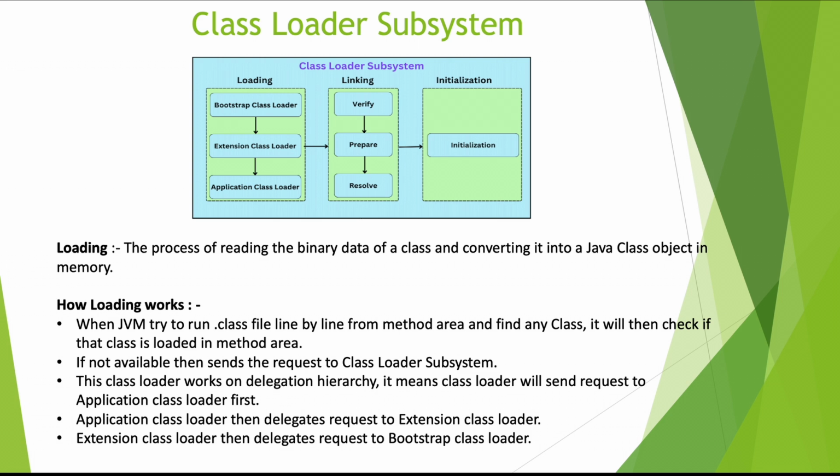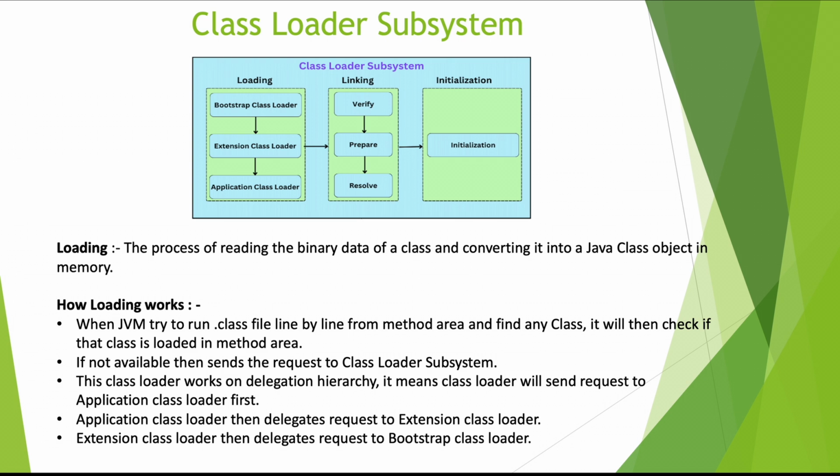This class loader subsystem works on a delegation hierarchy. It means the request is first sent to the application class loader. The application class loader will not directly touch the requested class. It will delegate the request to the extension class loader, and the extension class loader will then delegate the request to the bootstrap class loader.